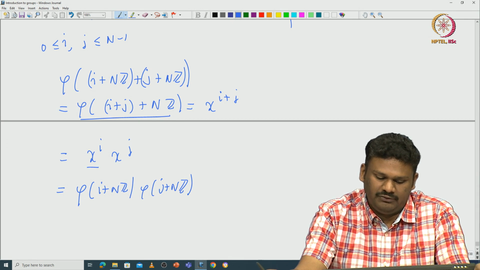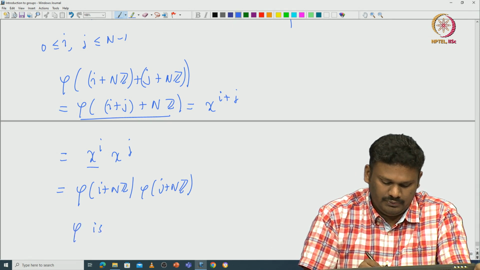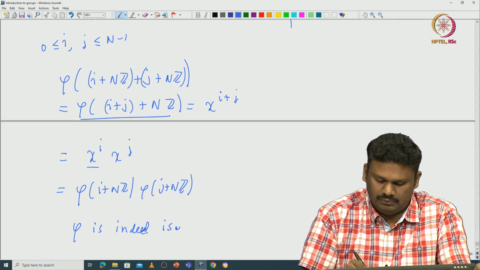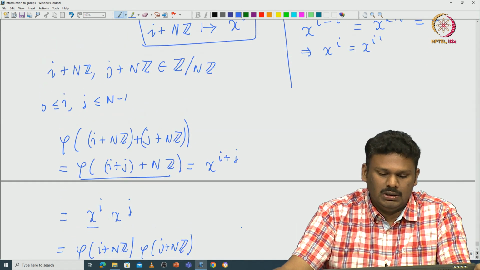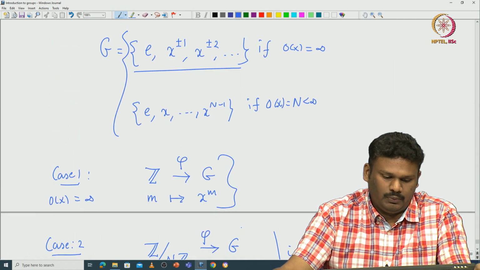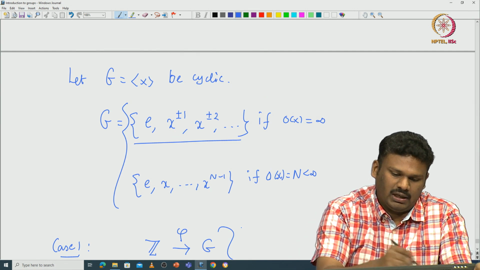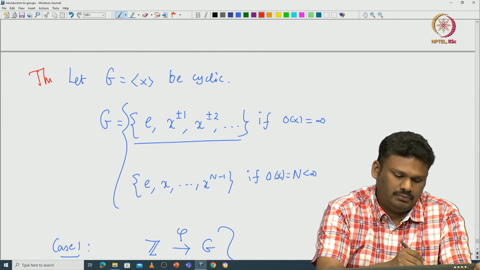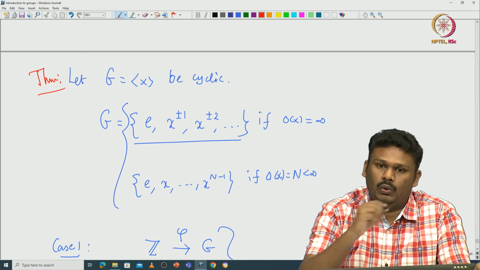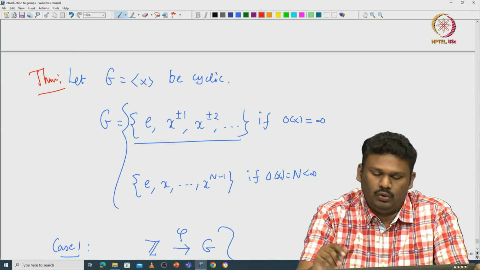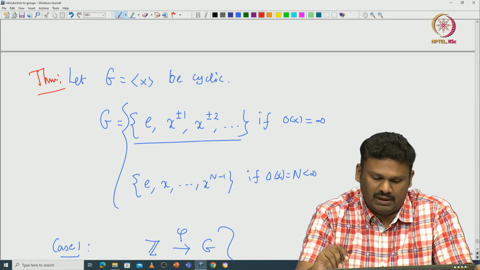So, this proves phi is indeed an isomorphism. Okay. So, in particular, what we have proved, we can call this a theorem. There are two families of groups, in some sense, of cyclic groups.